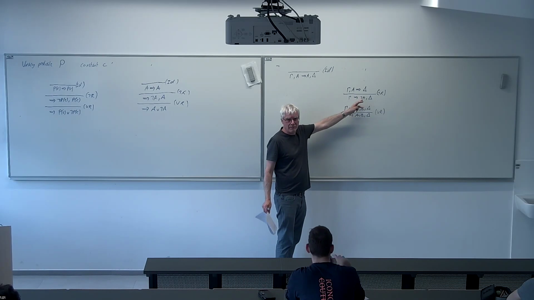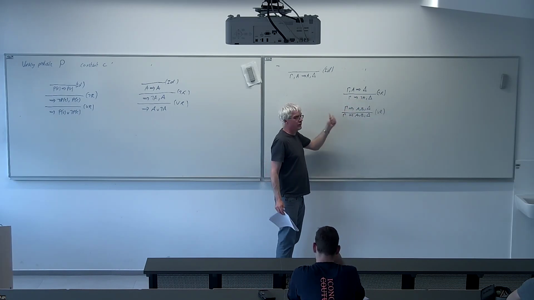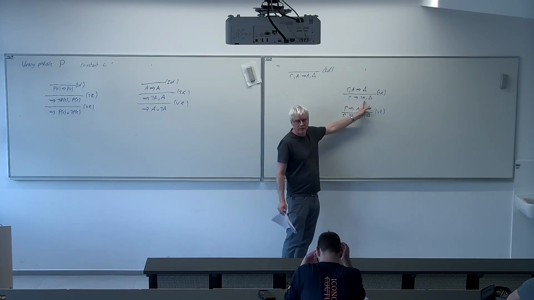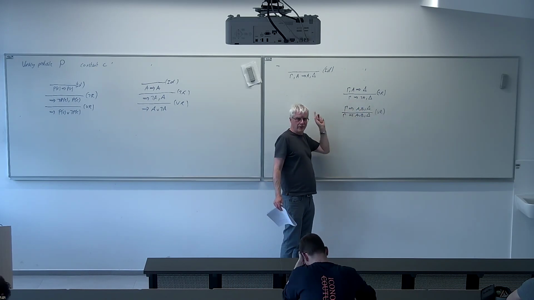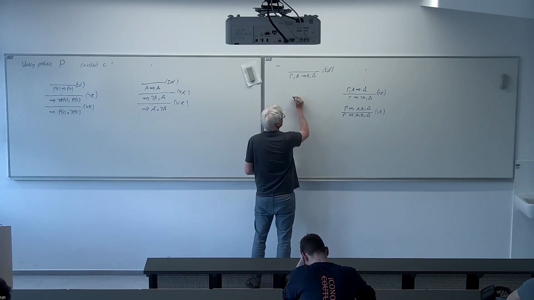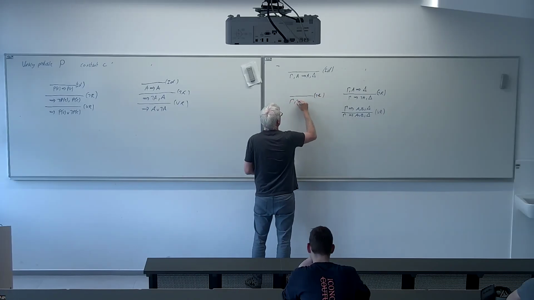We're going to be talking about a particular connective, and for every connective, we're going to have a rule that allows us to derive a formula with that connective on the right of the sequent, and another rule that allows us to derive a formula with that connective on the left of the sequent. So for negation, which is a sort of symmetric operation, the left rule allows us to derive a negation on the left of the sequent.